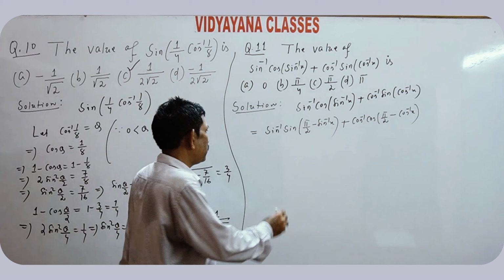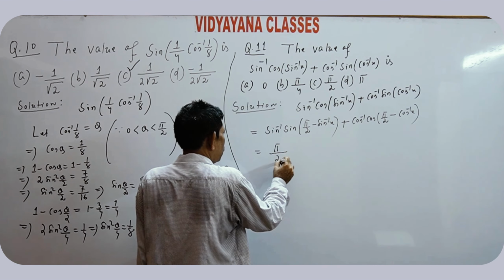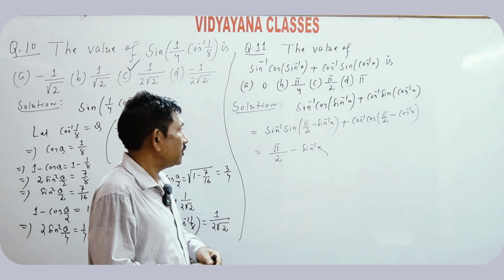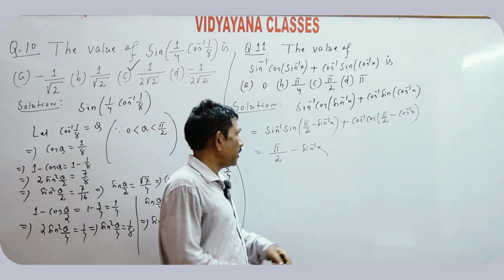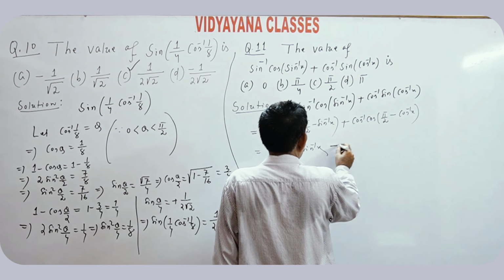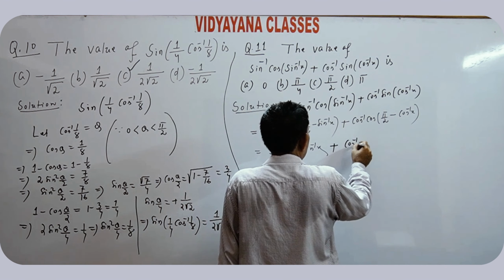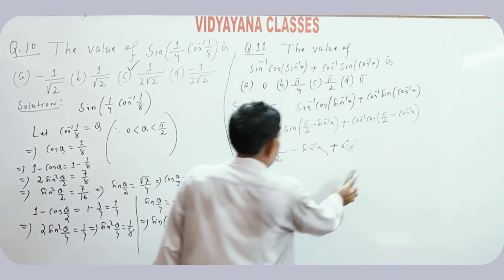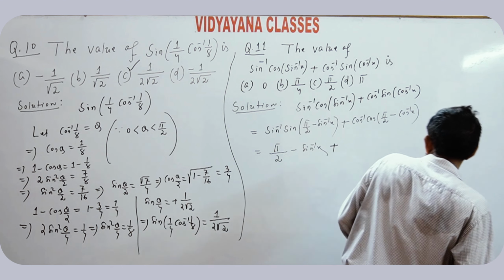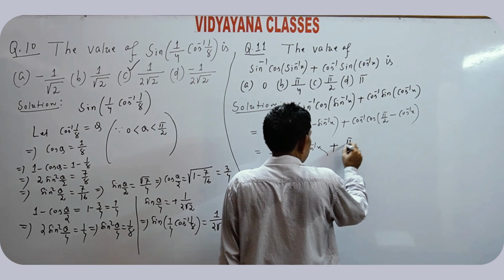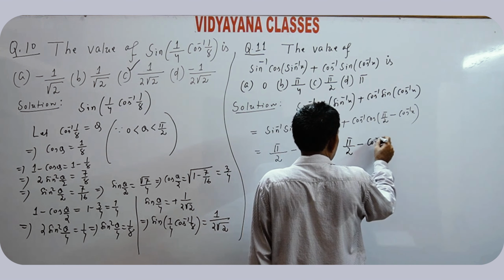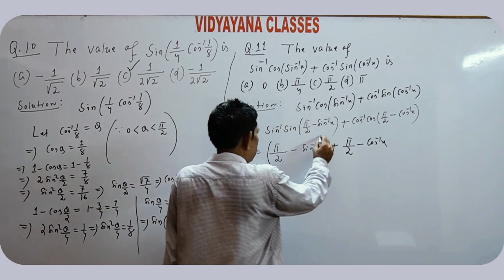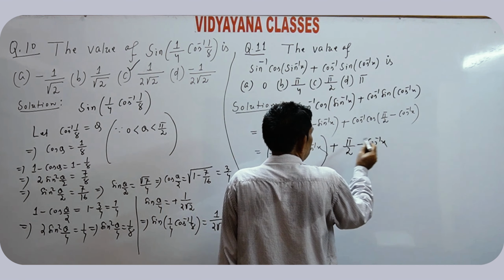Sin inverse sin x is equal to x, which gives pi by 2 minus sin inverse x. Here sin inverse sin x is taken as x. Cos inverse cos x is the same as pi by 2 minus cos inverse x, and cos inverse cos x is equal to x.